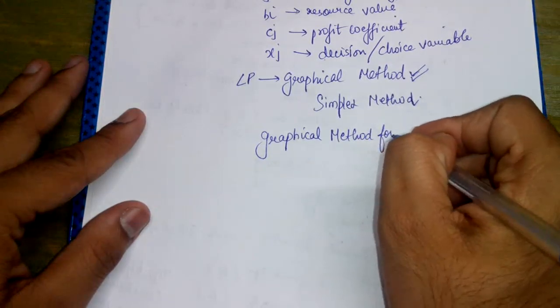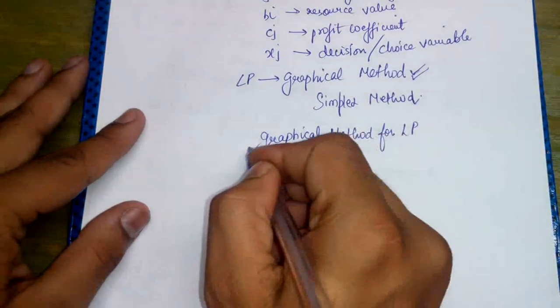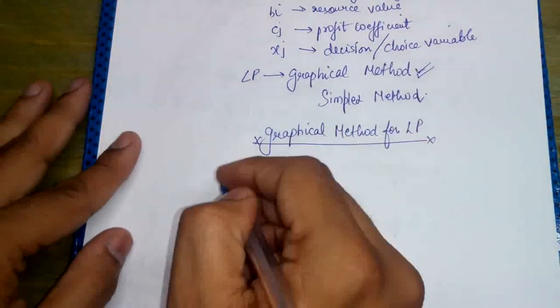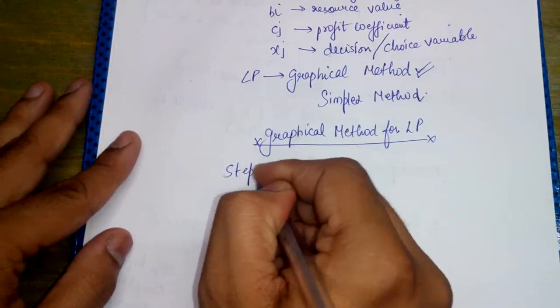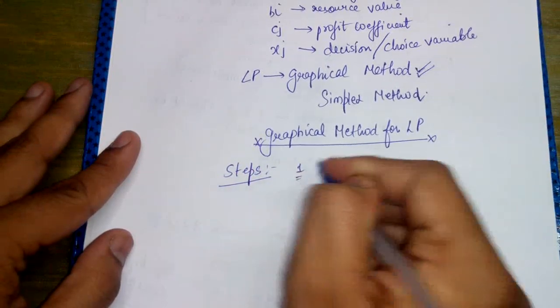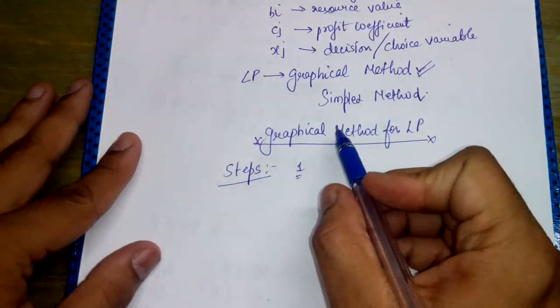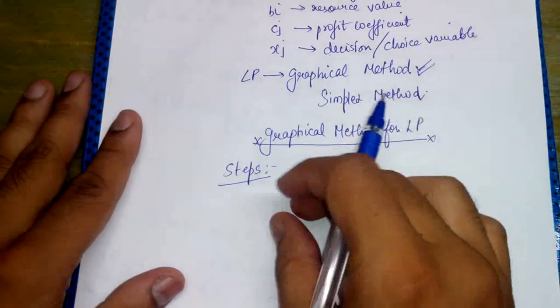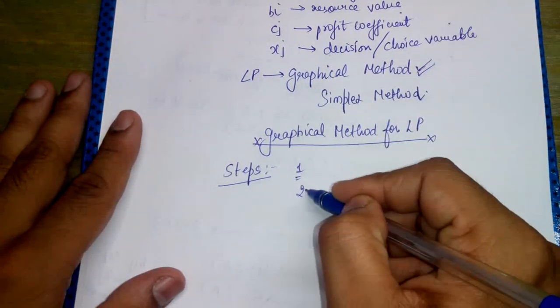Now we will start with the graphical method for linear programming model solution. So what are the general steps that we have to follow? The first step is to identify the problem and define the decision variables, objective function and the constraints.